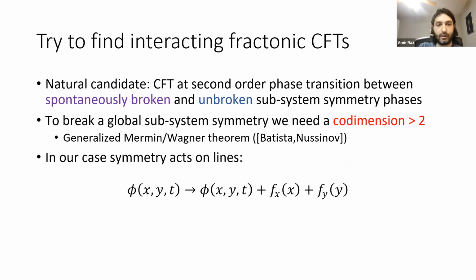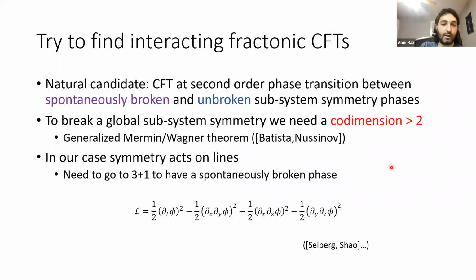So for example, if you take a theory that has the same global structure that we had before, this symmetry just acts on lines. And so in 2 + 1 dimensions, that's not enough because the codimension is exactly 2, right? If we have a symmetry that acts on lines, the codimension is 2, so it can't be spontaneously broken.